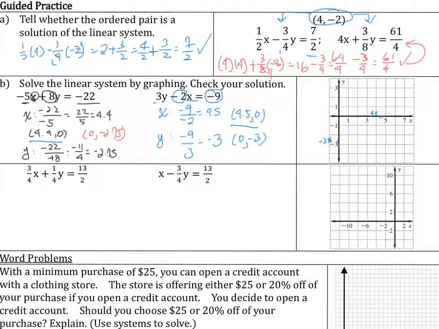Okay, I'm going to first graph the first equation. And then the second one. And it seems like the intersecting point is at (6, 1). But we need to check.